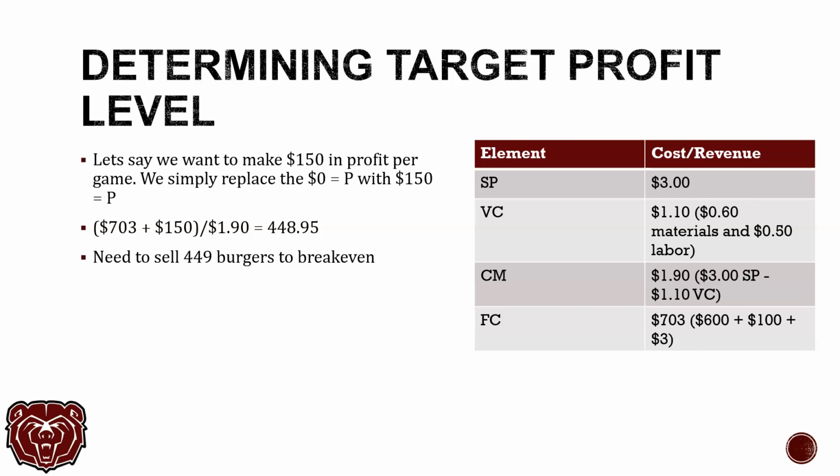So now we've got our $703 fixed cost plus $150 target profit level divided by our contribution margin per unit, $1.90, and that gives us 448.95 hamburgers. Somebody is not going to let you take a bite out of their hamburger so that you can get it down to 95% of a hamburger, so we will just round this up to 449 hamburgers. Excuse me, not to break even, but to reach that $150 target profit.